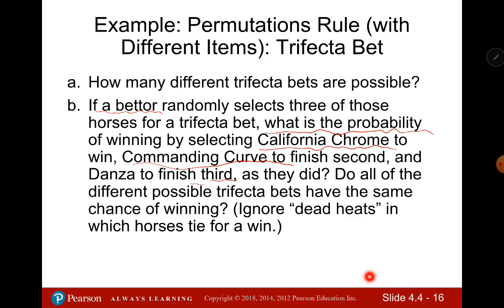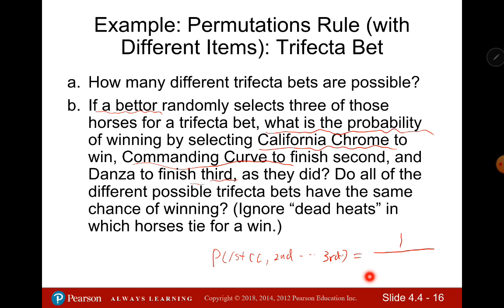So what's the probability? So first, California Crown. Second, the curve. Third, the dancer. Put them in the correct order.